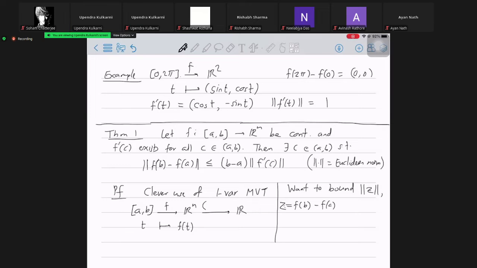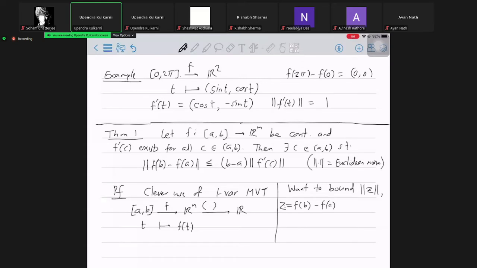I guess f prime of c. Okay, but that's kind of odd, you see, because f of b minus f of a is in Rn, whereas f prime is really evaluated only on real numbers.